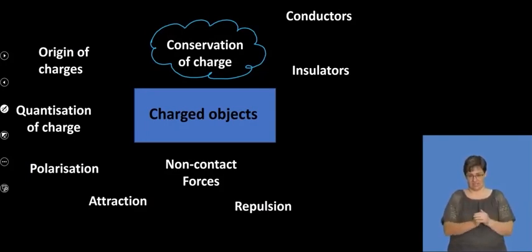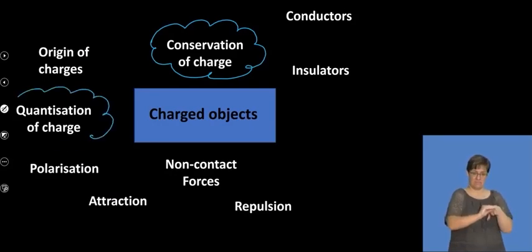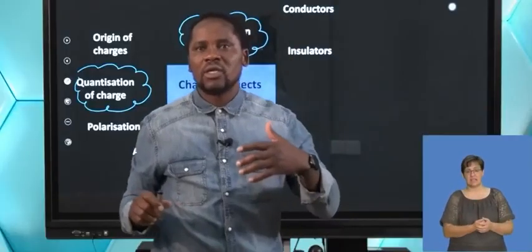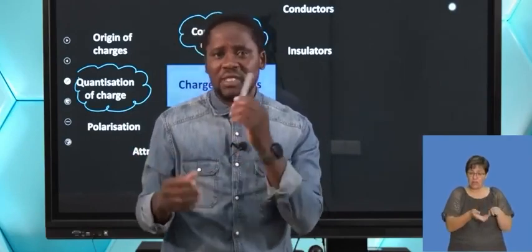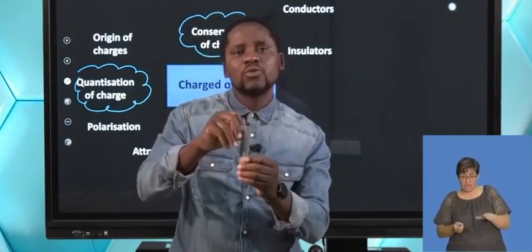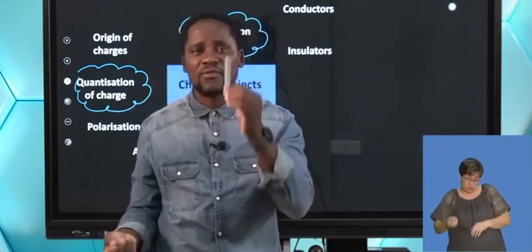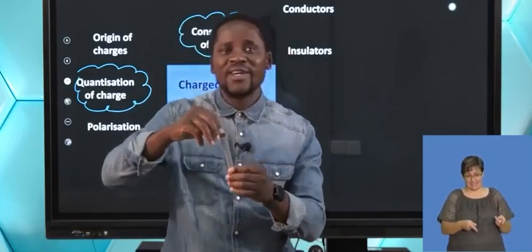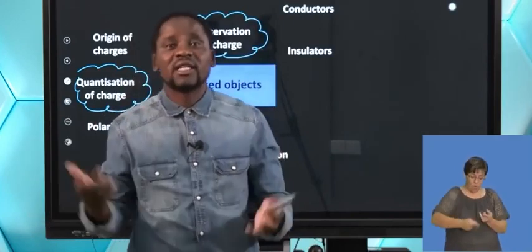So that conservation of charge speaks to the quantization of charge. In simple language, what do we mean when we say charge is quantized? Remember, for a material to be charged, electrons need to be either removed from it to get a positive charge, or added to it to get a negative charge.